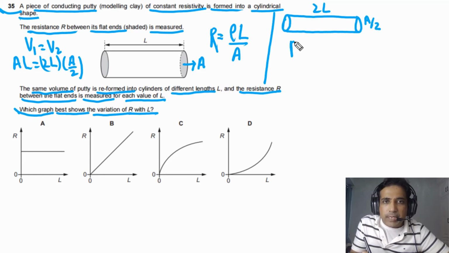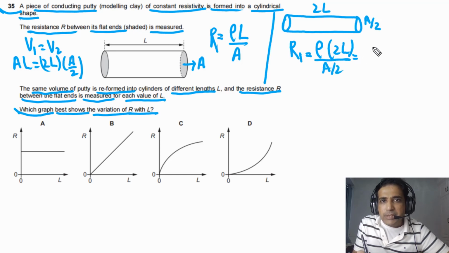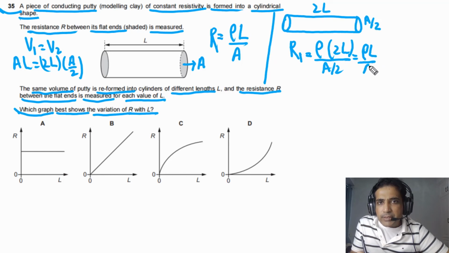Now if we calculate the resistance of this, let's say this resistance is R1. So R1 will be equal to rho times 2 times L divided by A by 2. So in this case, simply we can write rho times L divided by A, and this will be multiplied with 4. So R1 simply is equal to 4 times R.